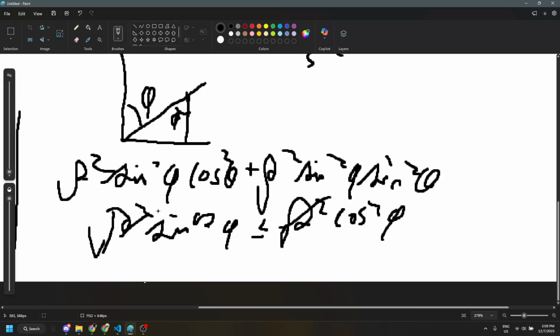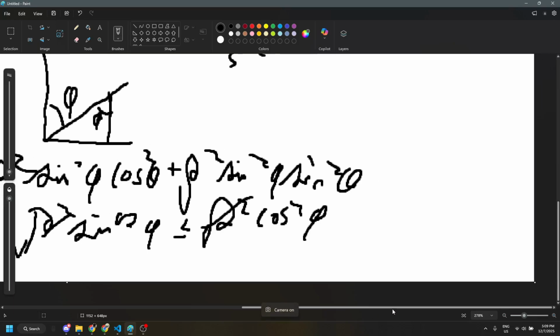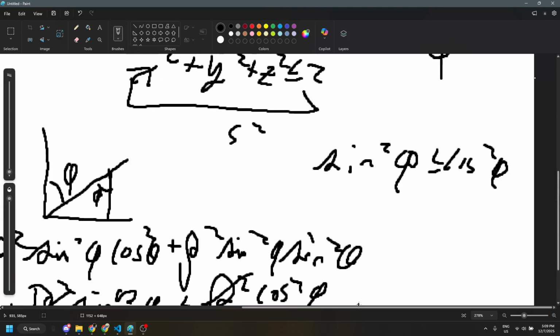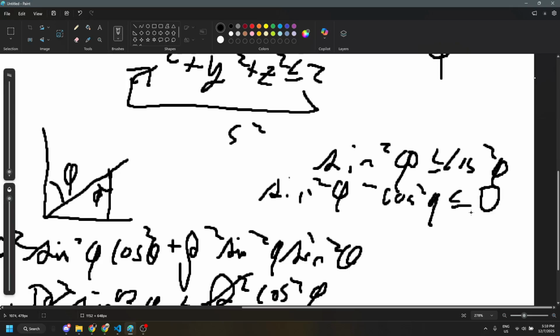Crossing out the rho squares, we have sine squared phi is less than or equal to cosine squared phi. So sine squared phi minus cosine squared phi is less than or equal to 0.